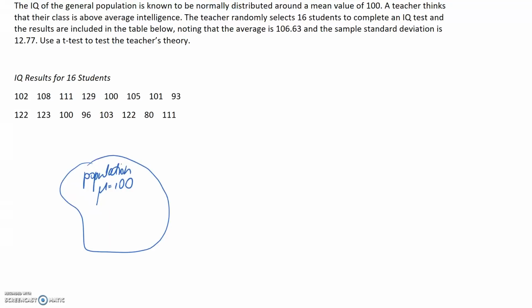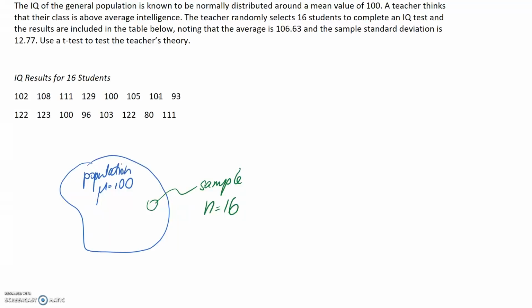Now the teacher has got a very small sample of this population, which is a few people from within their class, and they've measured the IQ for them. So the sample, we can count it up. I think it's got 16 people in it, so that would be the n value. And we're given up here the pre-worked average and standard deviation, so we don't need to do that ourselves.